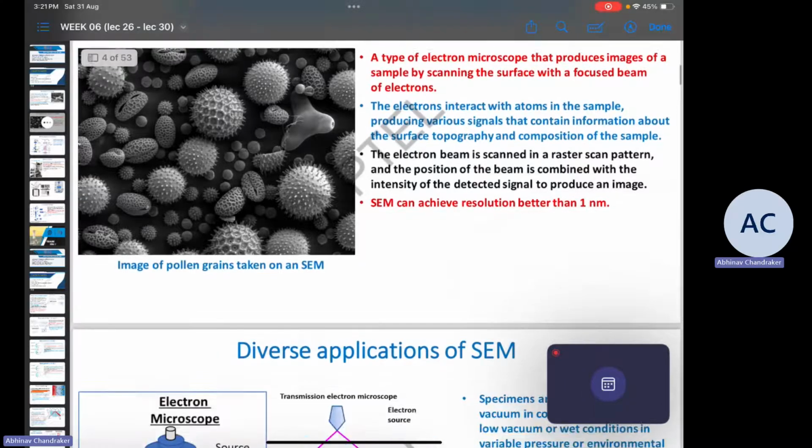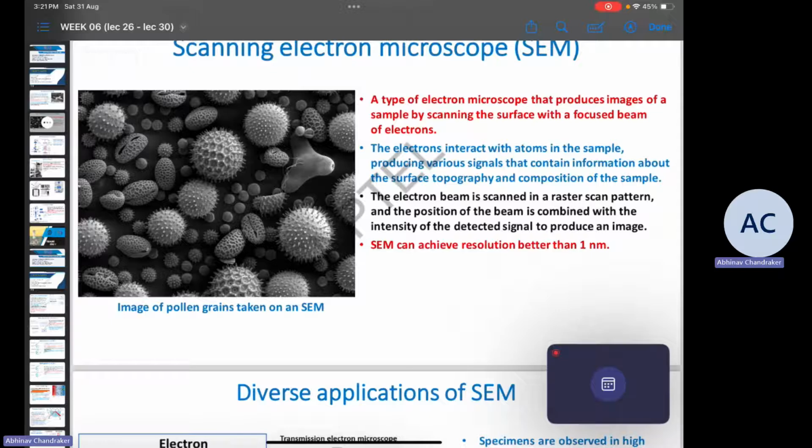SEM resolution can be as much as 1 nanometer.